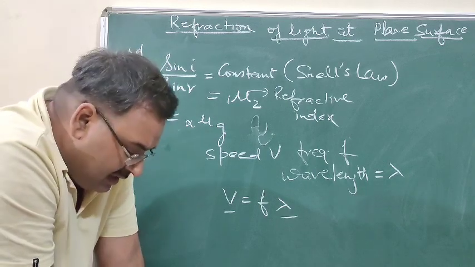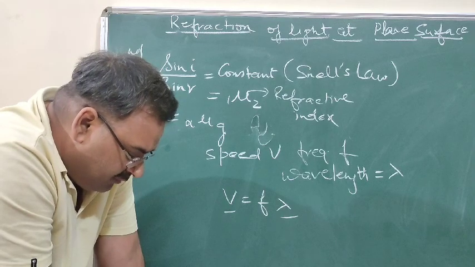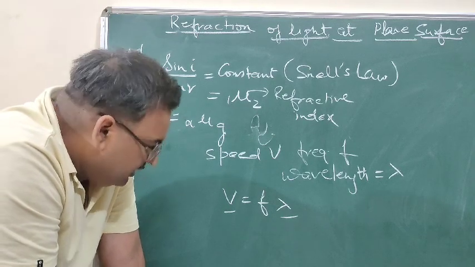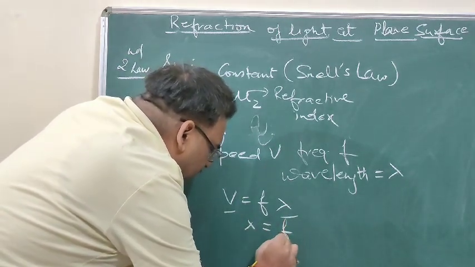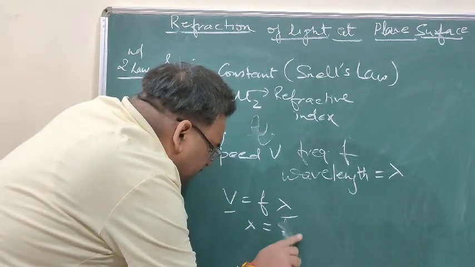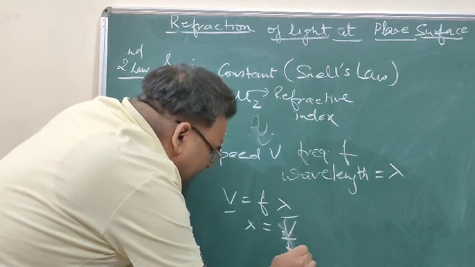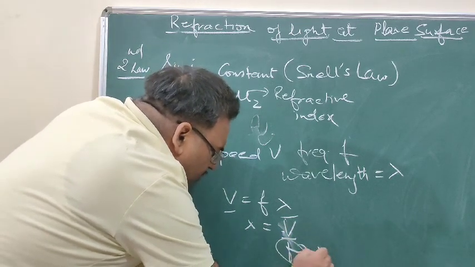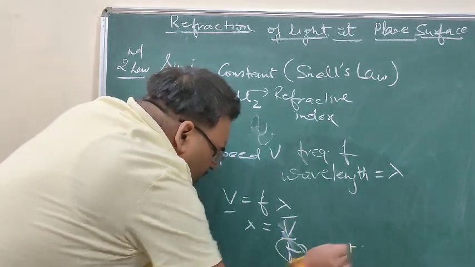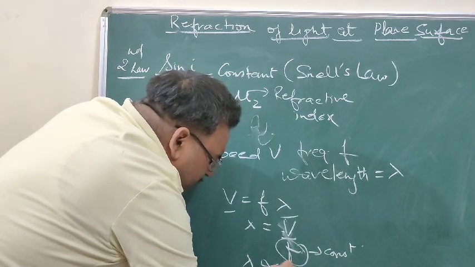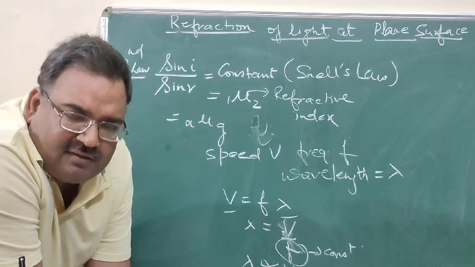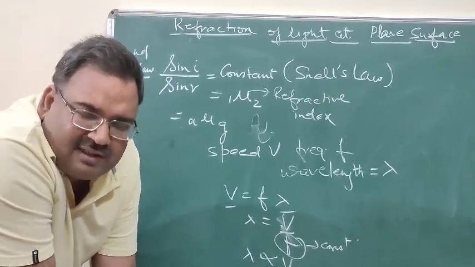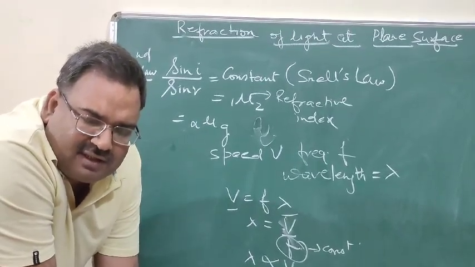That is, lambda is equal to V upon F, and F is constant. So lambda is directly proportional to V. Speed of light will increase, wavelength will increase. Speed of light will decrease, the wavelength will decrease.